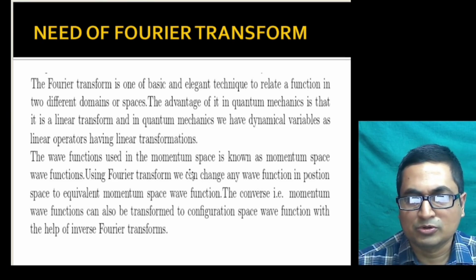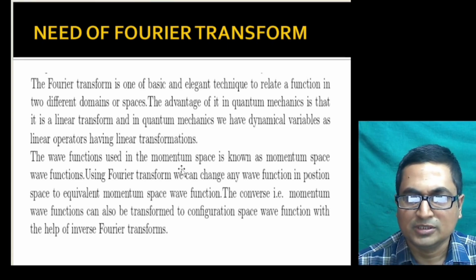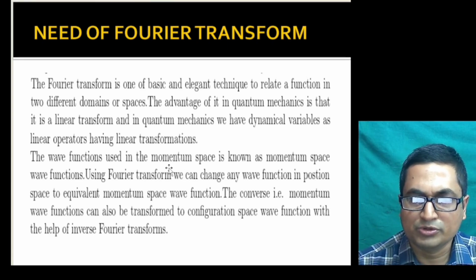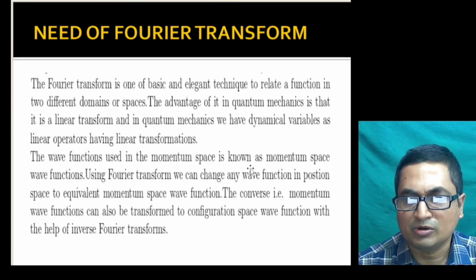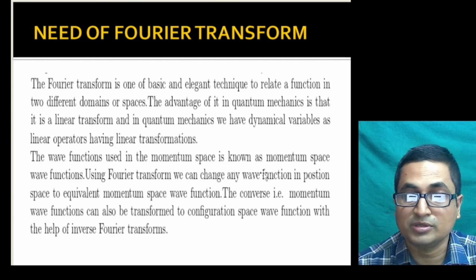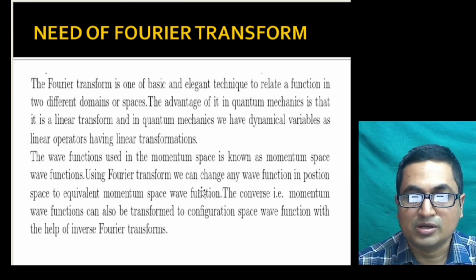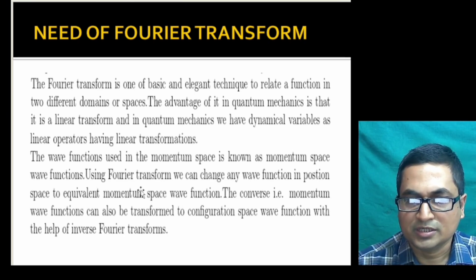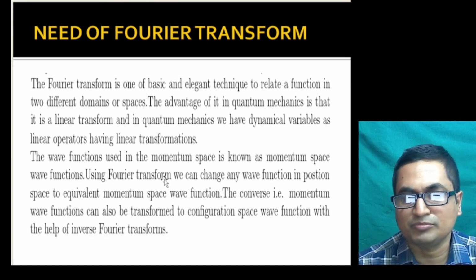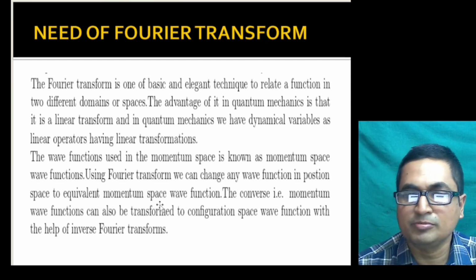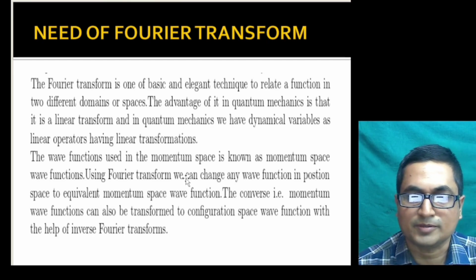Just recalling that in the case of the wave function of a free particle, here we will show how the momentum space wave function can be converted to the position wave function. This is the technique: Fourier transform can transform a wave function in position space to the equivalent momentum wave function, or vice versa.